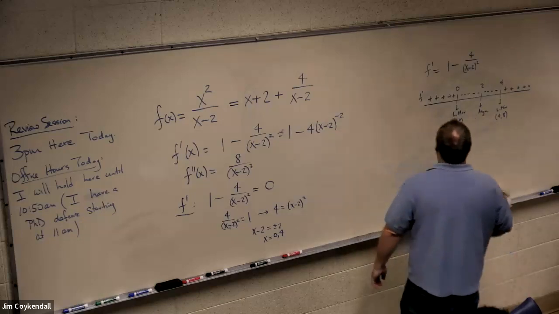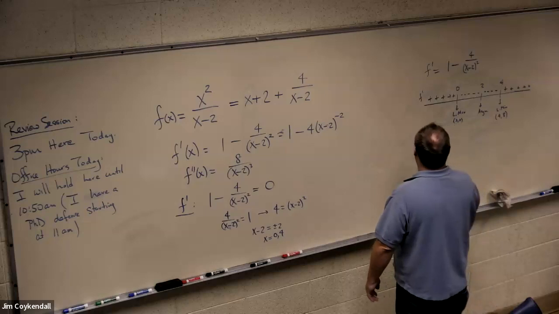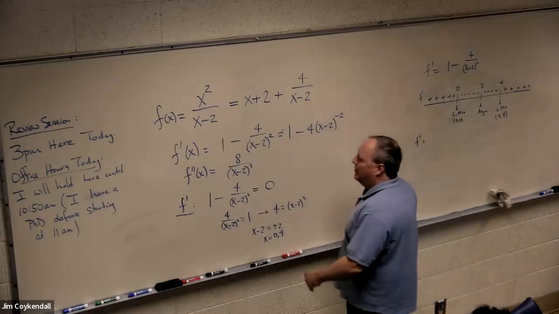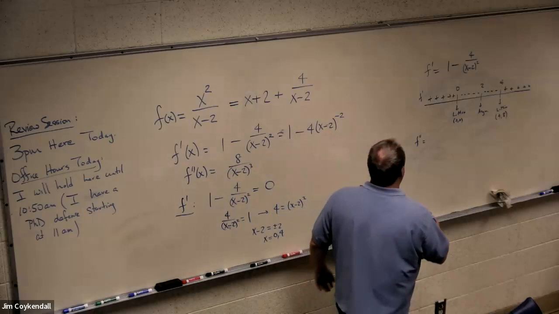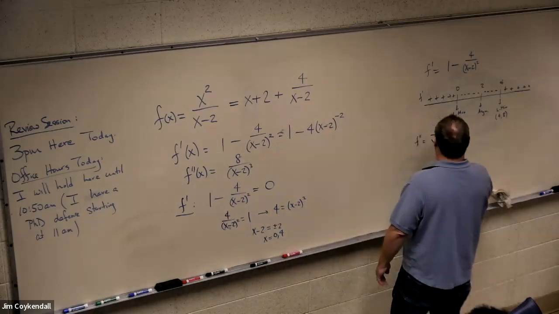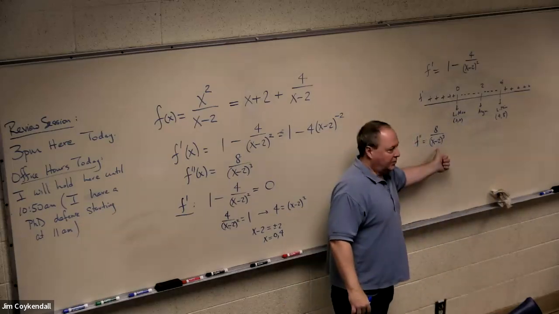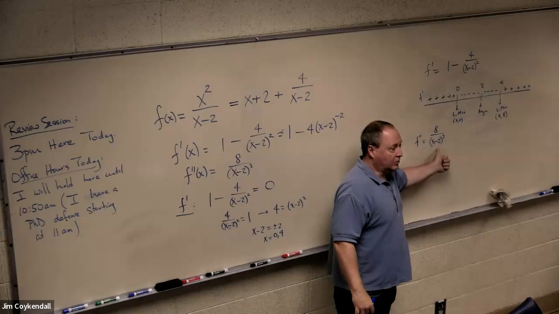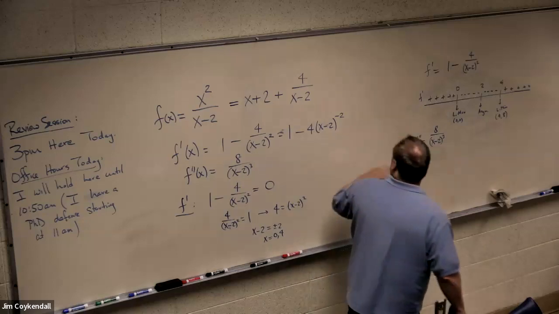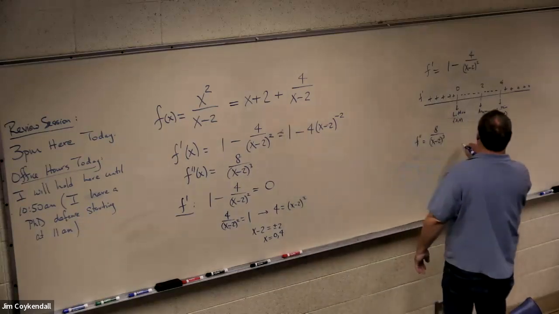How about concavity? That's actually even easier to tell. It's got 8 over (x minus 2) cubed. There's only one place where this can change sign, and that's at the asymptote, x equals 2.